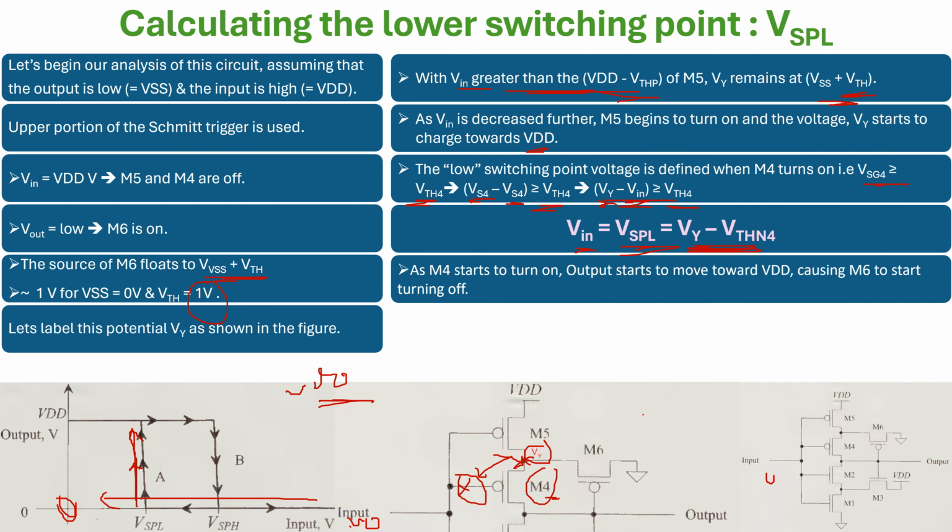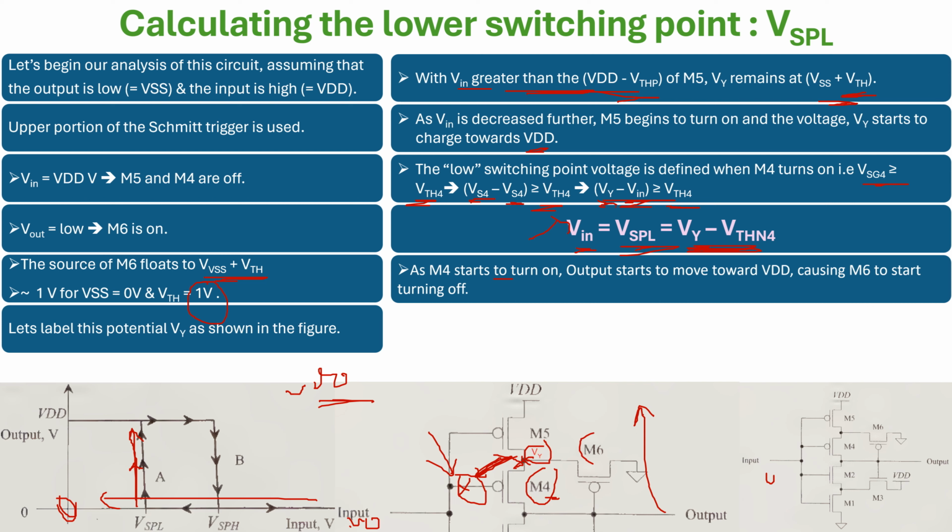So now, as M4 starts to turn on and Vin reduces further, this VGS starts increasing, M4 turns on properly, and the output starts to move towards VDD, causing M6 to turn off.